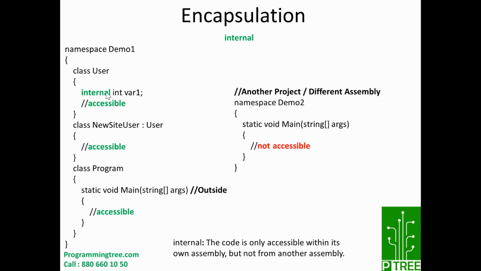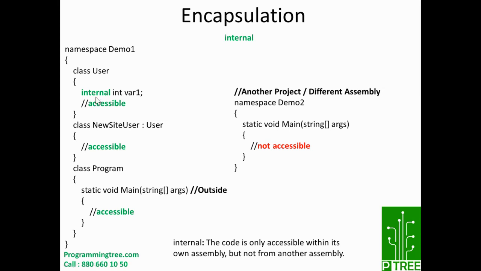Once you declare the variable with the internal keyword, it is available within the enclosure of the assembly, within that container. So within this assembly, we can access the variable declared with internal. This internal variable will be accessible within that class. This internal is available within the derived class.